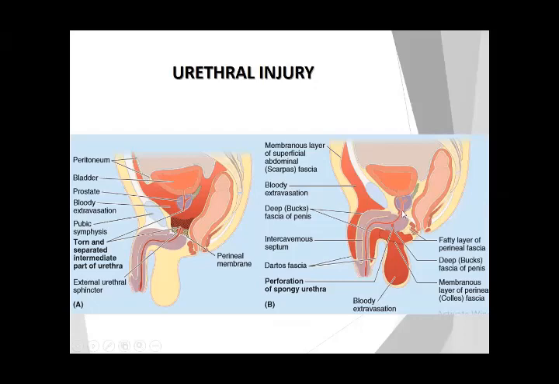Prostatic part, this is the urethra that passes through the urogenital diaphragm. So this would be the intermediate part or the membranous part, whatever you want to call it. This is the bulb of the penis, this dilated thing. So this is the bulbar part, and then comes the spongy part of the urethra or the penile part of the urethra.